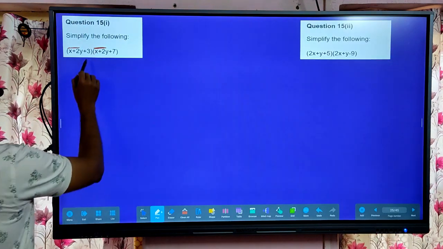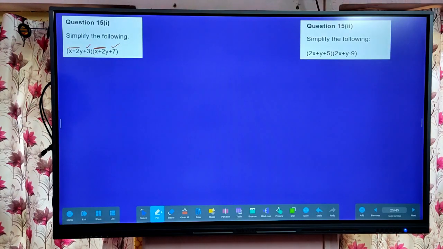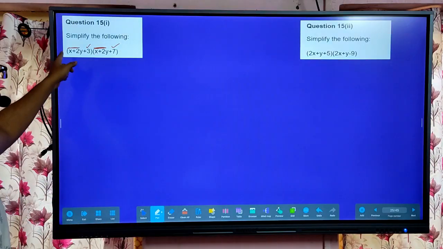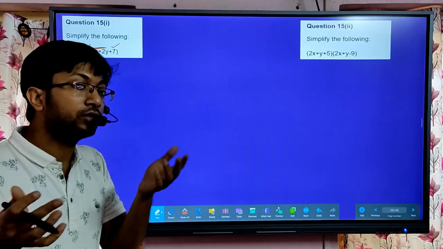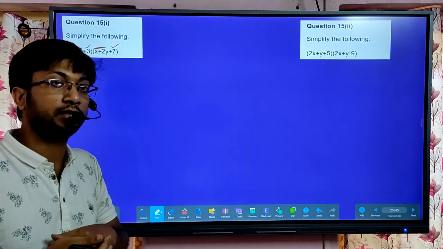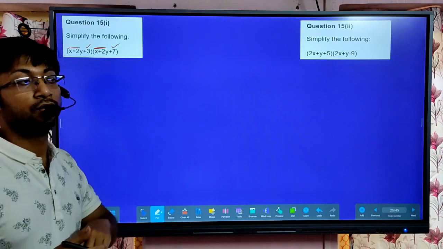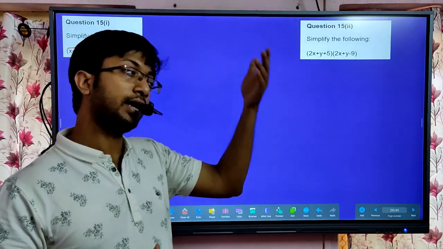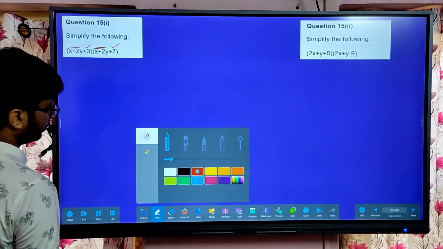But here 3 and 7 are different. So here, after taking x plus 2y as a, you are not going to get a square minus b square, just like the previous. Here you are going to get a plus 3 into a plus 7, which you will handle in the way that I have taught you in the previous examples.